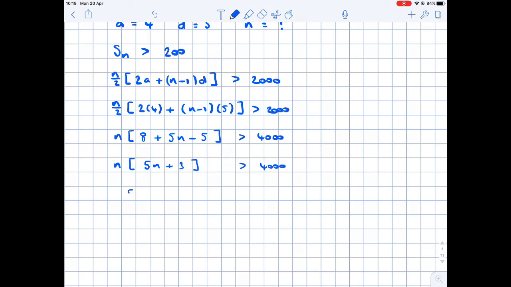Expanding this out, we have 5n squared plus 3n. I'm going to subtract my 4000 to turn it into an inequality, in fact a quadratic inequality, which is bigger than 0. I'm going to use the quadratic formula to solve this.